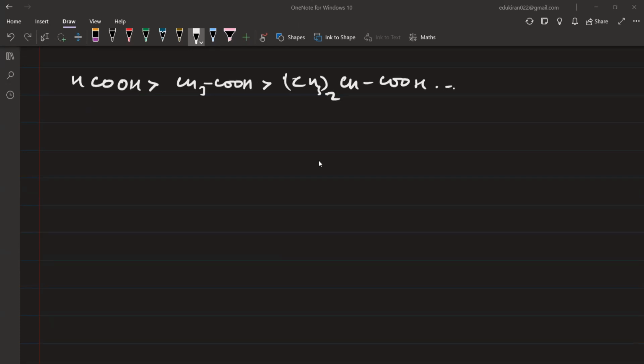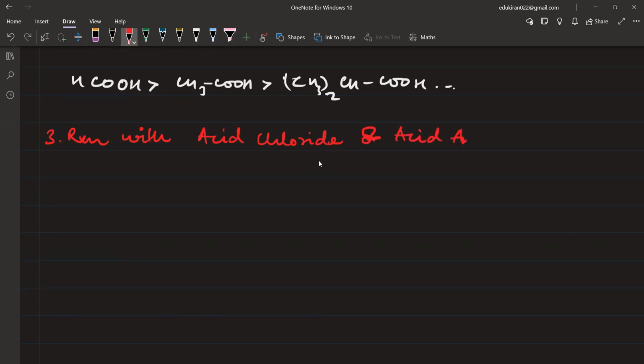Right, next, reaction with acyl chloride or acid anhydride. Reaction with acid chloride, and acid anhydride.